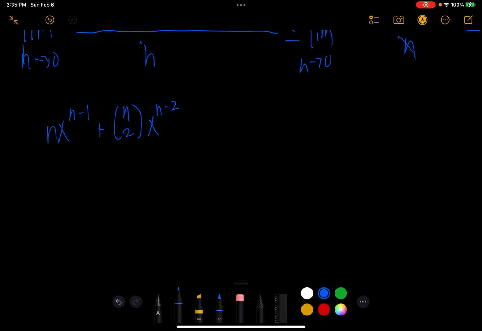You can continue this out to n choose 3, x to the n minus 3 times h cubed, but it doesn't matter because h is going to be 0, and if h is 0, then that term doesn't matter. So the derivative of f of x when it's x to the nth is equal to nx to the n minus 1. Sorry if that was a little confusing at the end. I'm a little rusty on the binomial theorem, but it's a good chance to brush it up.